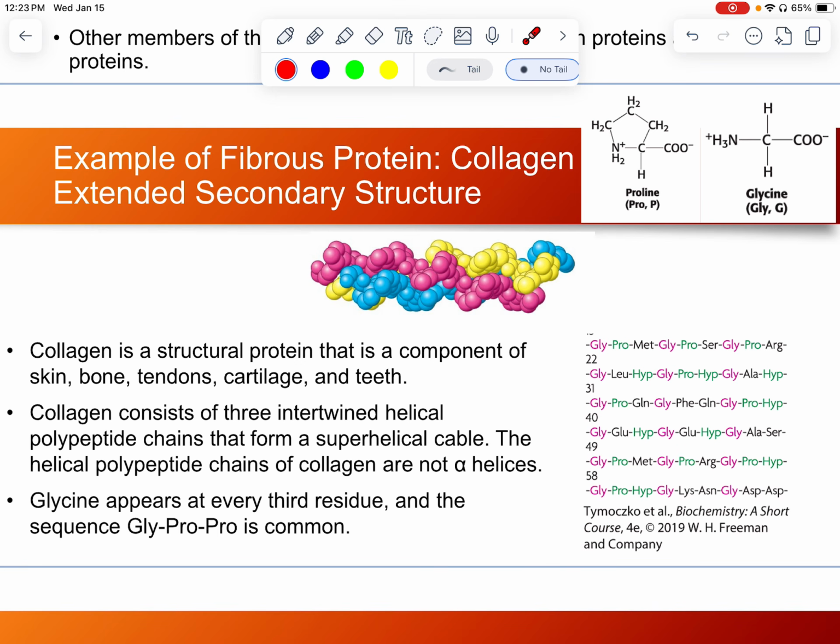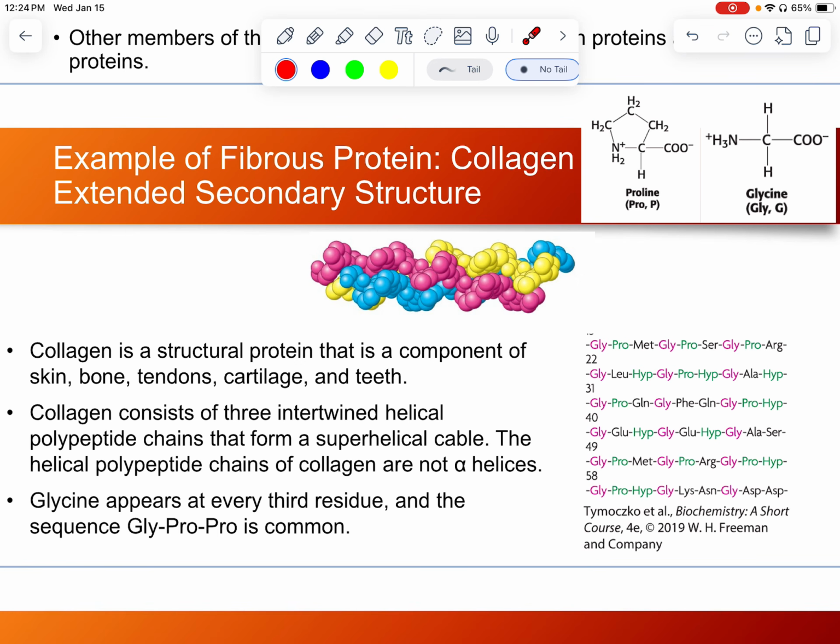And they're a tighter turn, and you need glycine at every third residue to make that happen. Proline is a common piece of this because it's going to have these tight turns. So you'll see glycine, proline, maybe something else, glycine, proline. So we have lots of glycine and proline, these small ones that let us do tight turns.